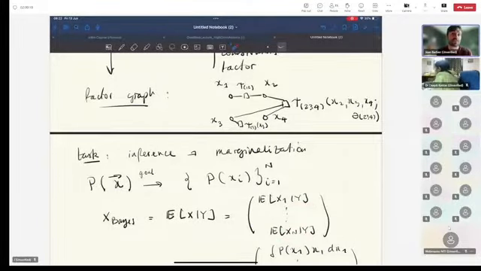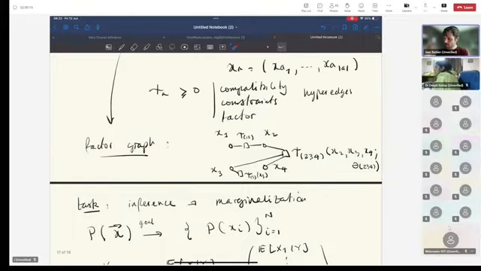But you can also use that in a combinatorial optimization problem. Let's say you want to minimize a complicated function parameterized by a big vector, and you have constraints between these variables represented by these factors.